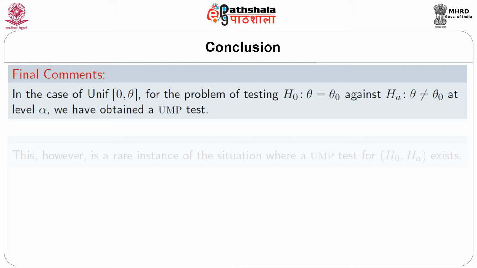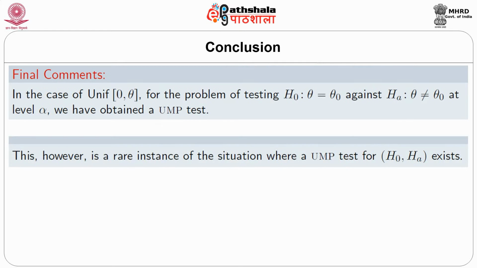Here we have shown that this test psi is uniformly most powerful at level alpha for testing theta equal to theta naught against theta less than theta naught. So, combining these two, we get that this psi is uniformly most powerful at level alpha for testing H naught, theta equal to theta naught, against theta not equal to theta naught.